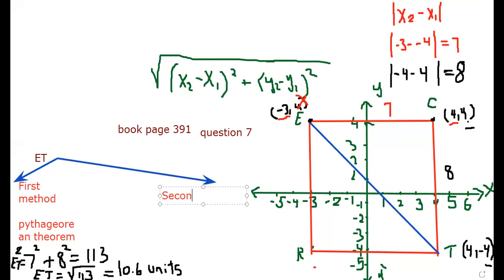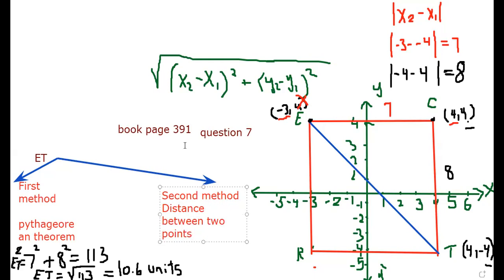The square root of the quantity x2 minus x1 squared. Okay, what is this called? The way which you are going to use. It will be distance between 2 points.